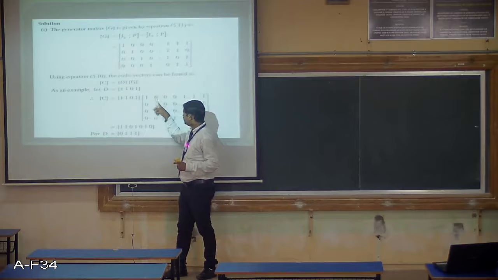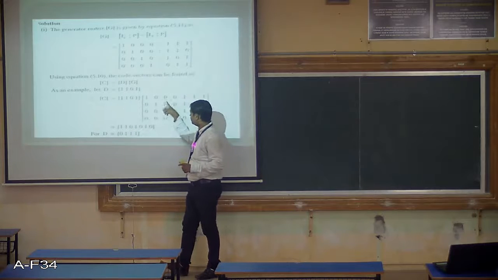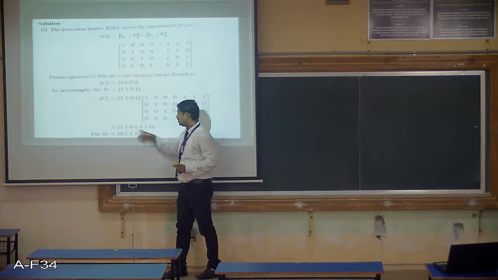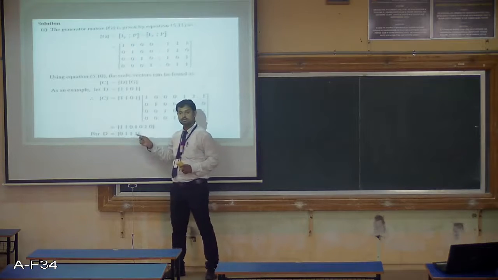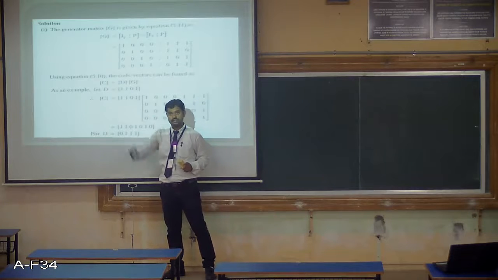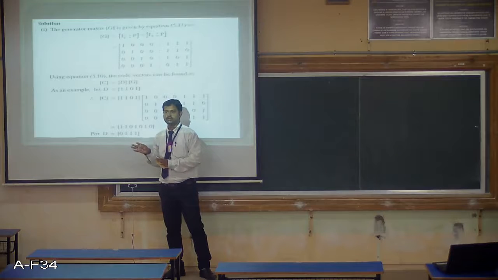Similarly, this row into this column will give you this value. This row into this column will give you this. So these are the code word, and this is the code word pertaining to this input. Like that, for the rest 15 input combinations, there will be a definite code word. 16 inputs, 16 valid code words.